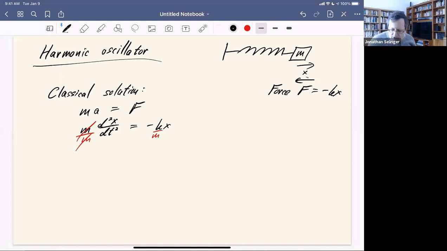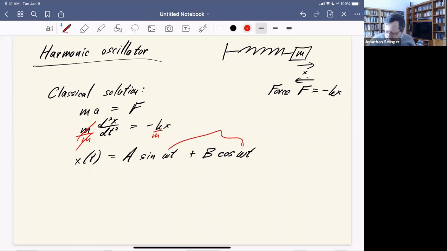And so the solution has to be that x as a function of time is A times the sine of omega t plus B times the cosine of omega t, where this omega has to be the square root of k over m.